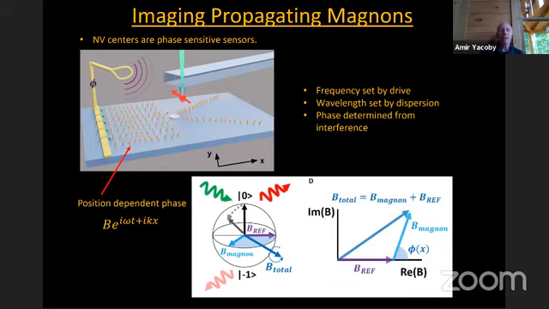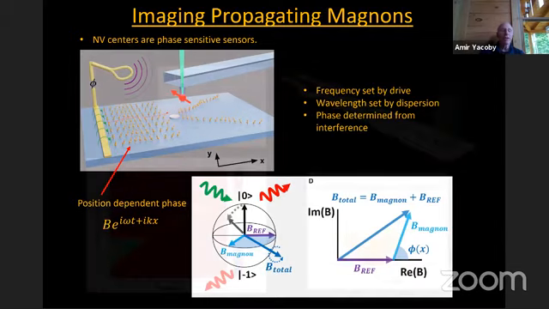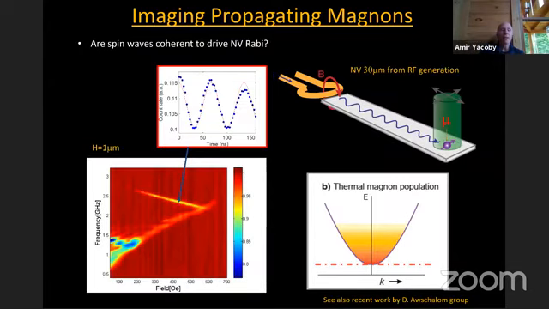So we'd like to measure these magnons, and we'd like to measure the spatial extent and see that we can observe propagating magnons. So one thing to note is that if we sit along this ESR line here, we can see that if we drive for longer and longer time, the NV center response is oscillating. These are precisely Rabi oscillations. So what the magnons are doing, they're a time-dependent magnetic field.